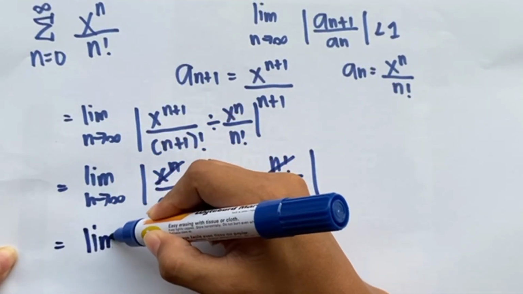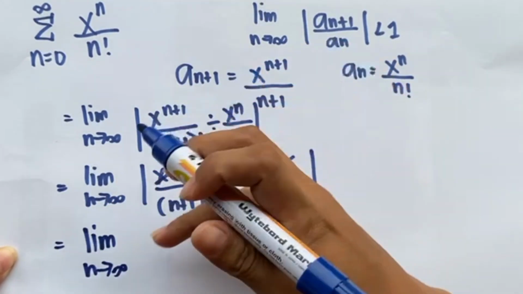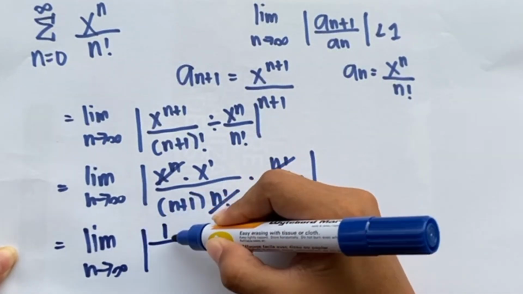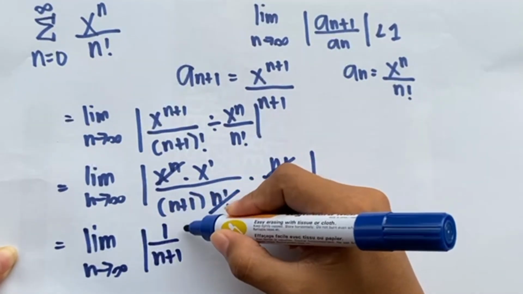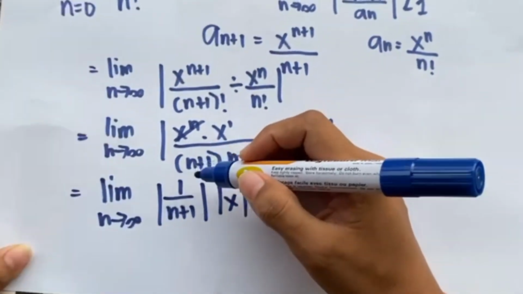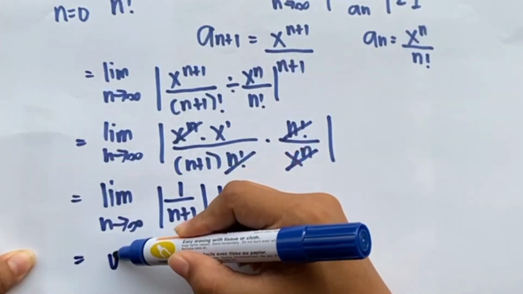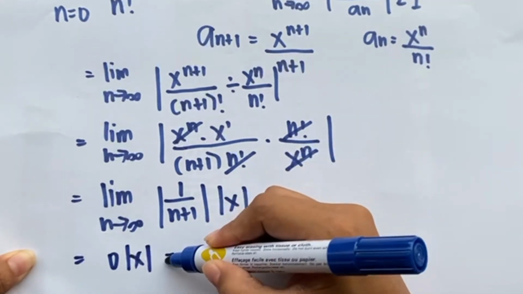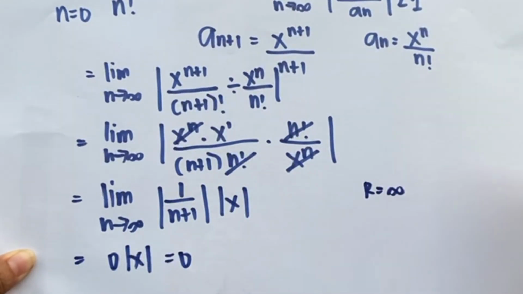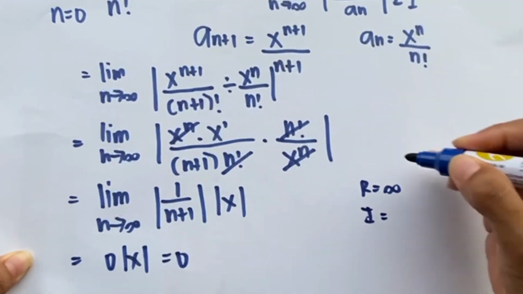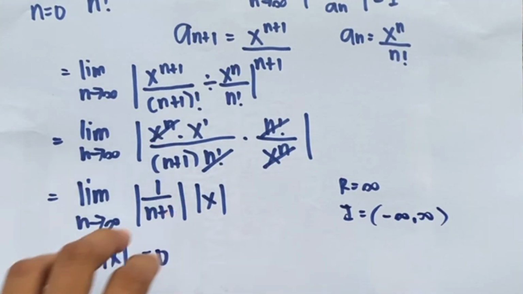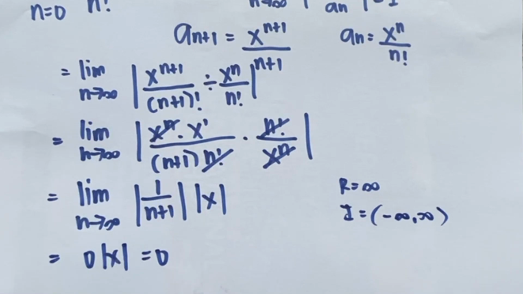Then limit as n goes to infinity of 1 over n plus 1 times x. As you can see, when we plug in infinity, that would result in 0 times x, and 0 times x is equal to 0. So the radius r is infinity, and the interval is negative infinity to positive infinity.